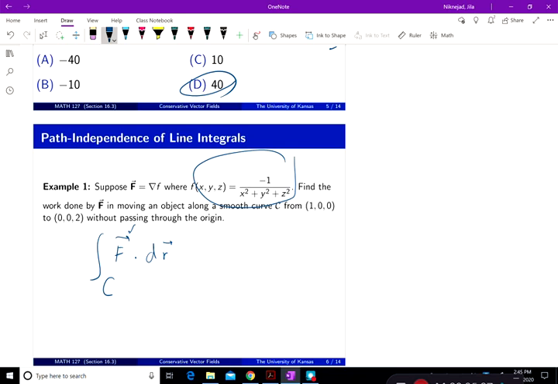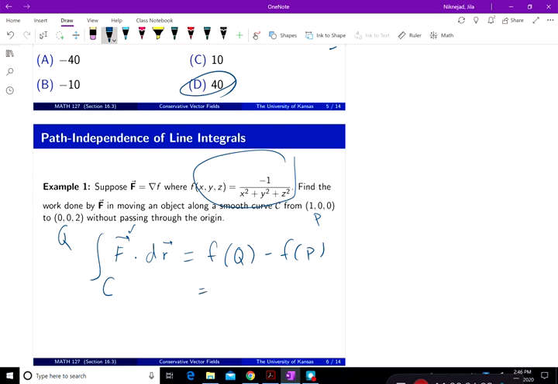Or I can rely on the fundamental theorem for conservative fields. And so in that case, I have to plug in the endpoints. Let's say this is P, the beginning point, that's Q. So I have to plug in f of Q minus f of P.